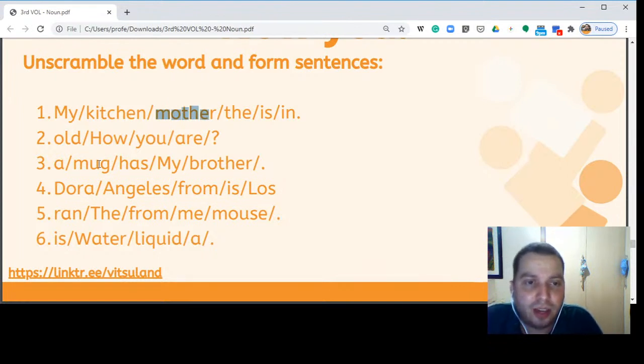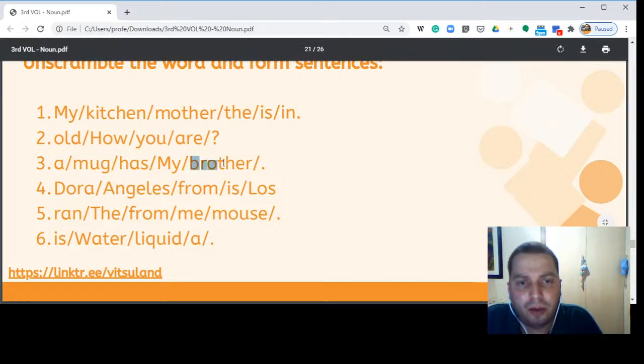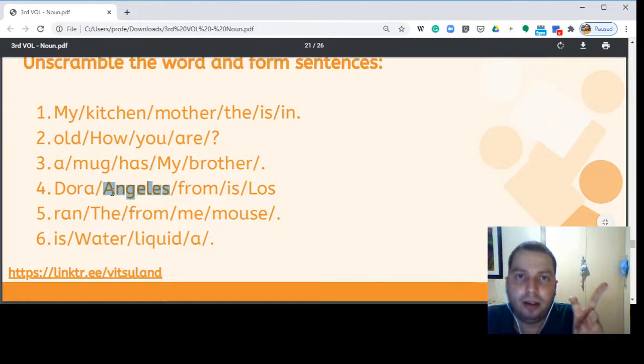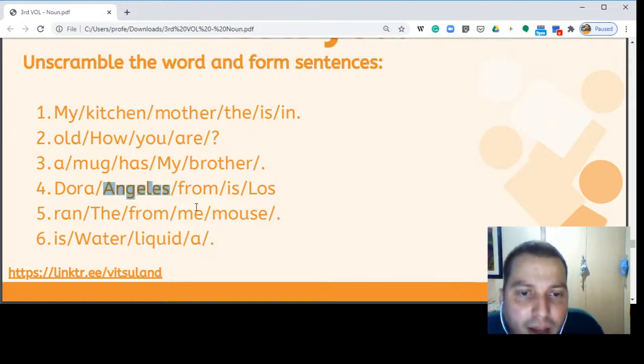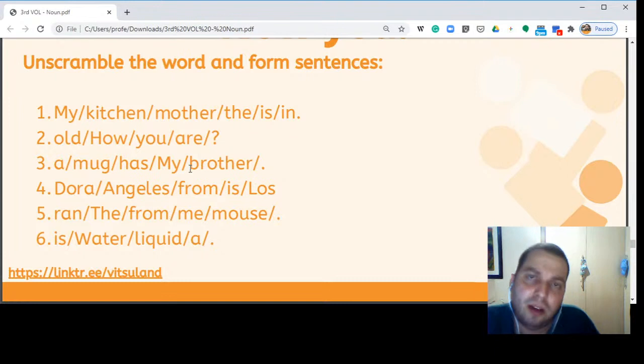Sentence three, mug and brother, we have two nouns. Sentence number four, we have Dora and Los Angeles, so we have two proper nouns here. Sentence number five, we have mouse and, no, me is not, me is a pronoun.